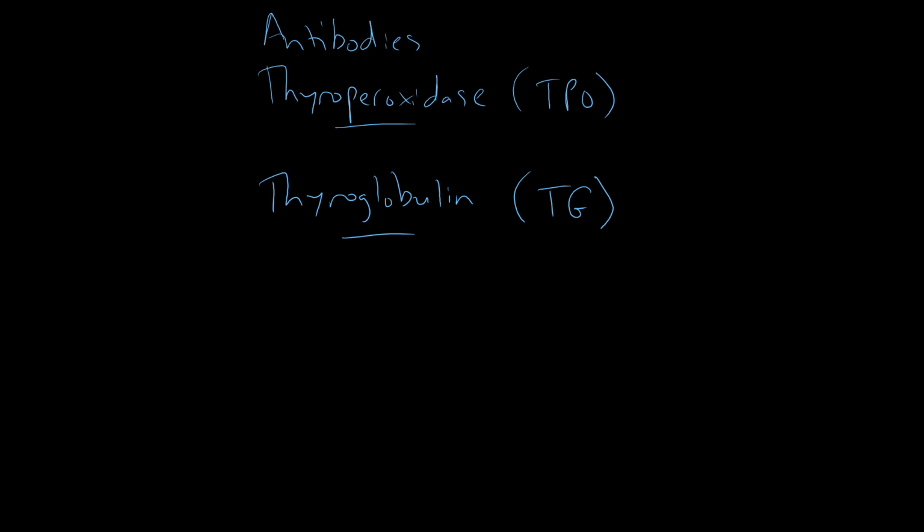Not everyone, however. That doesn't necessarily mean that your doctor should check levels of these antibodies in your blood. Again, almost everybody with hypothyroidism, with an underactive thyroid, can be presumed to have Hashimoto's thyroiditis, even if they don't have these antibodies present.